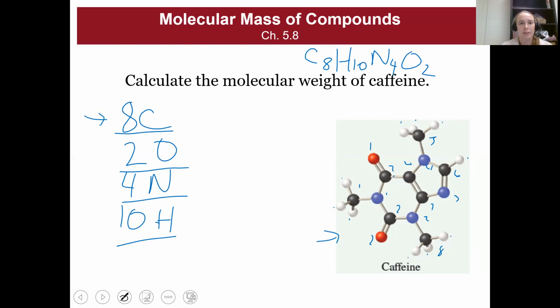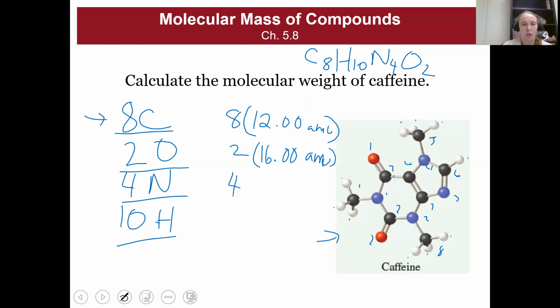So to add it all together, we want 8 times the atomic weight of carbon, which is 12 AMUs. And then we want 2 times oxygen, which is 16.00 AMUs. Carbon might be 12.01, but I'm just going to do 12.00 here.